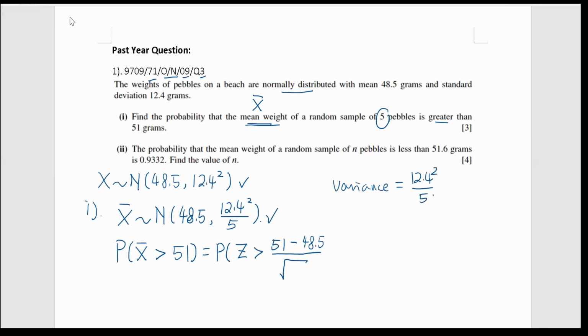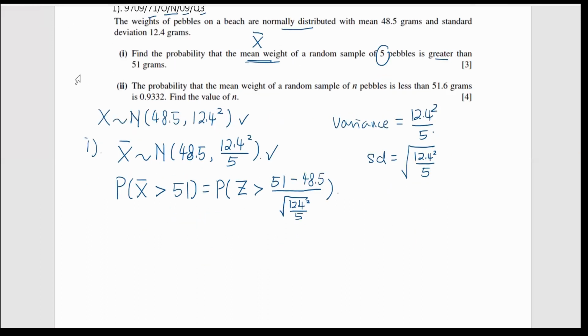If I'm going to look for the standard deviation, I'm supposed to square root this. That's why we are getting 12.4 squared. All right, so that is the standardization.